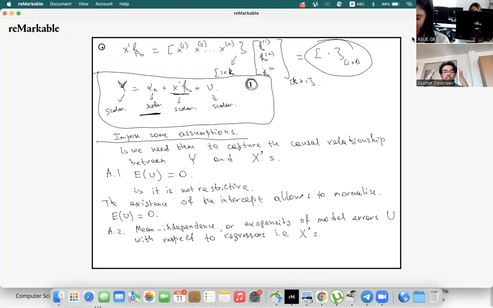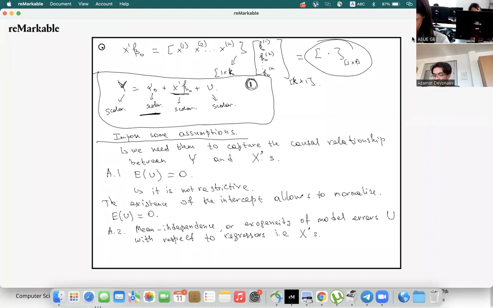So here we are putting in an assumption that is not necessarily true. It's quite strange to say that model errors are mean independent from the regressors.